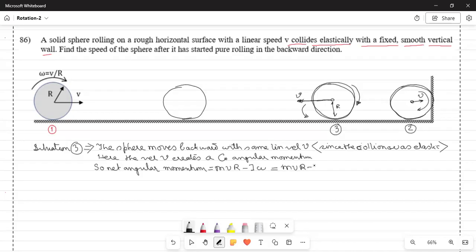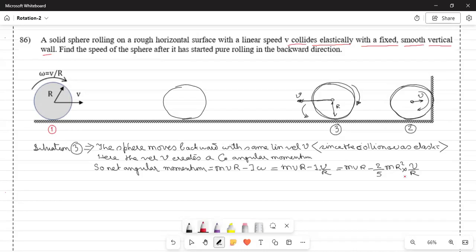Omega is given as v by r; even if it's not given, we know omega is v by r. So this is mvr minus I, which is 2 by 5 mr square, multiplied by v by r.